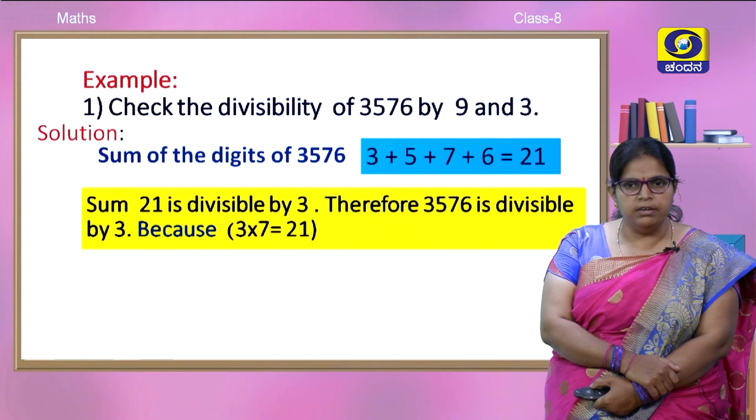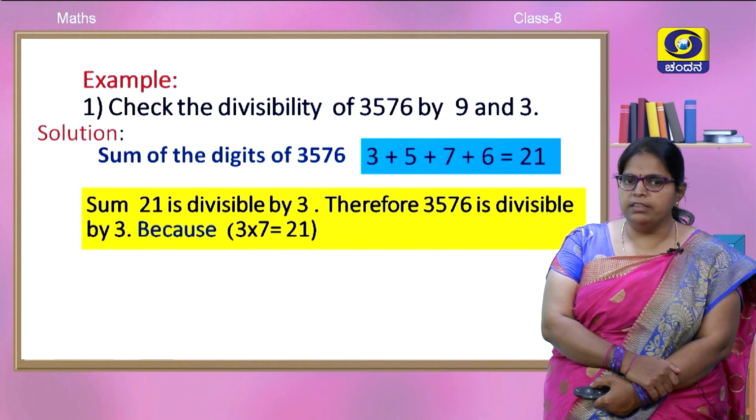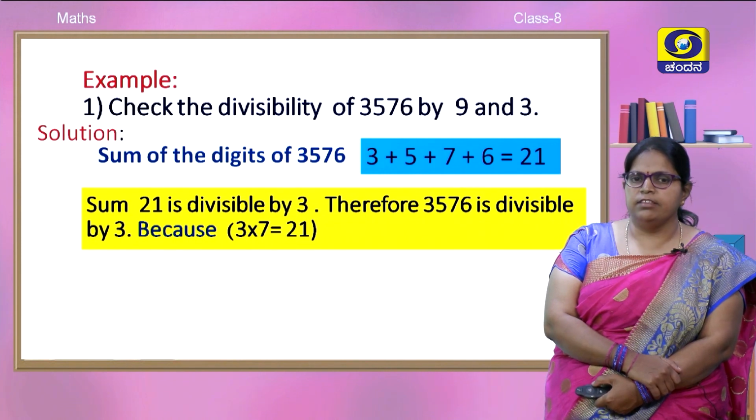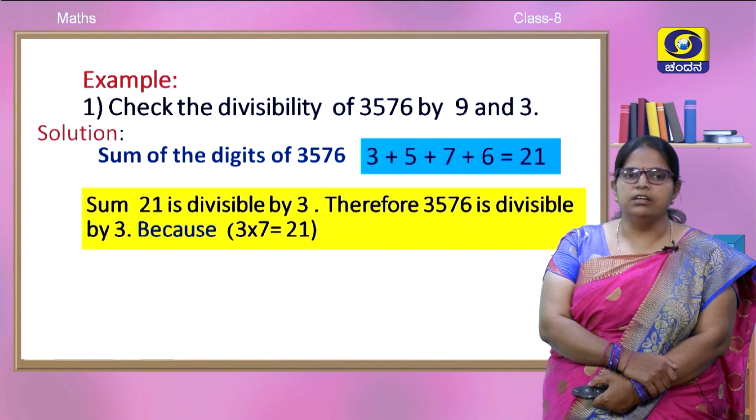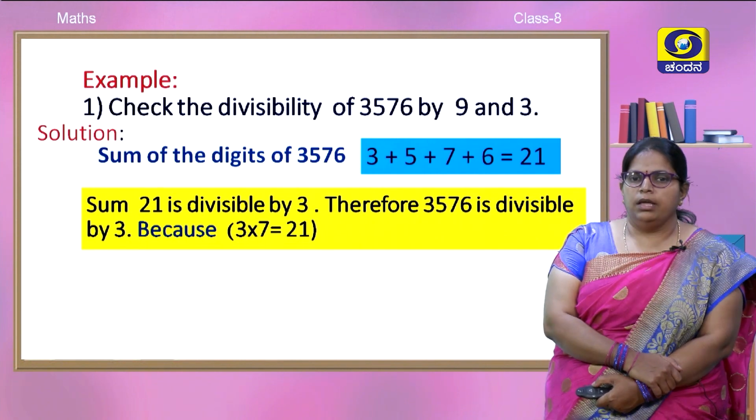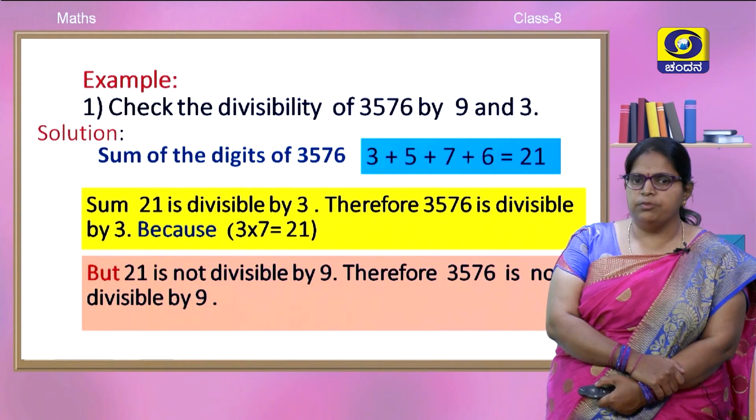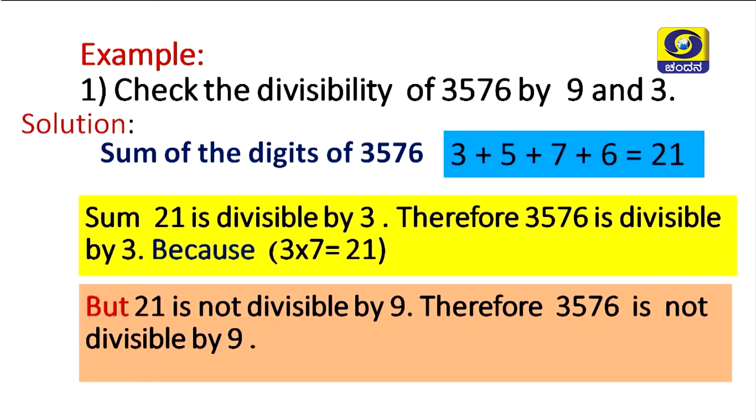Is 21 divisible by 3? Yes, because 3 sevens are 21. Is 21 divisible by 9? No, because 21 is not a multiple of 9. Therefore, 3576 is divisible by 3 and not divisible by 9.